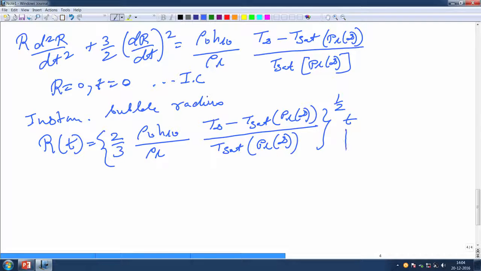This actually tells you, if you look at it carefully, that this is a linear function of time.